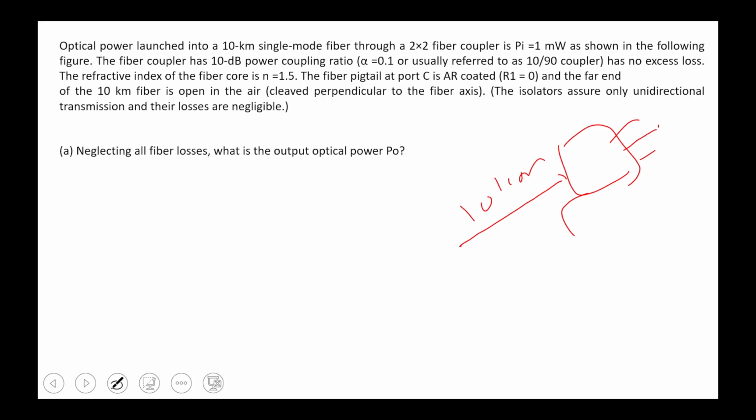Your reflectivity R1 is given as R1 equal to 0. So you have to calculate the reflectivity at the output side of the fiber. And you are given the attenuation ratio of 10. So the power at the input is split into two ports, C and D, with the ratio 10 to 90.